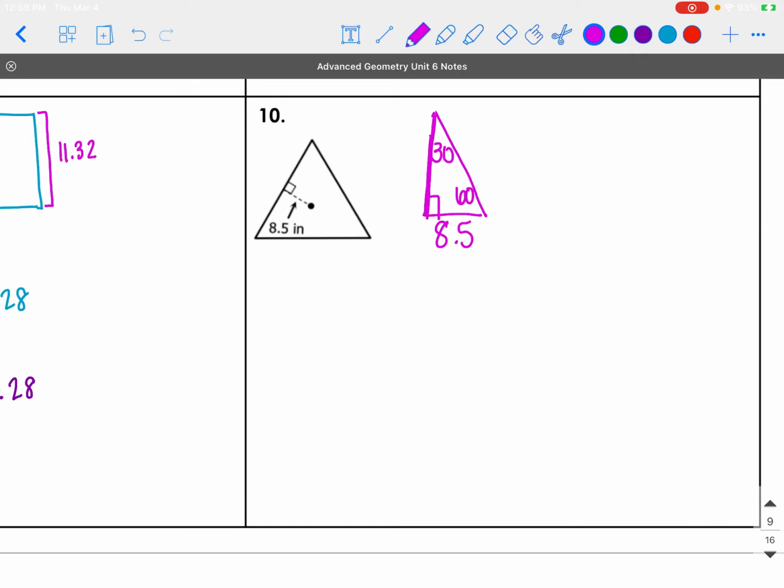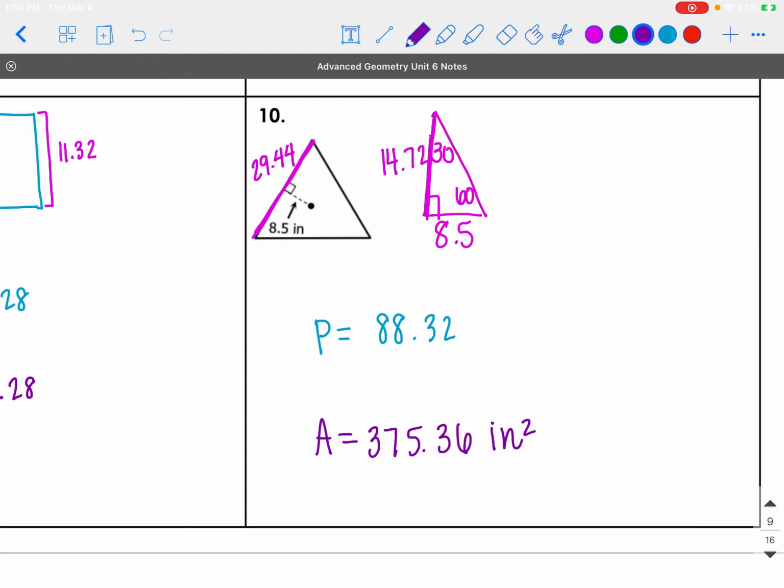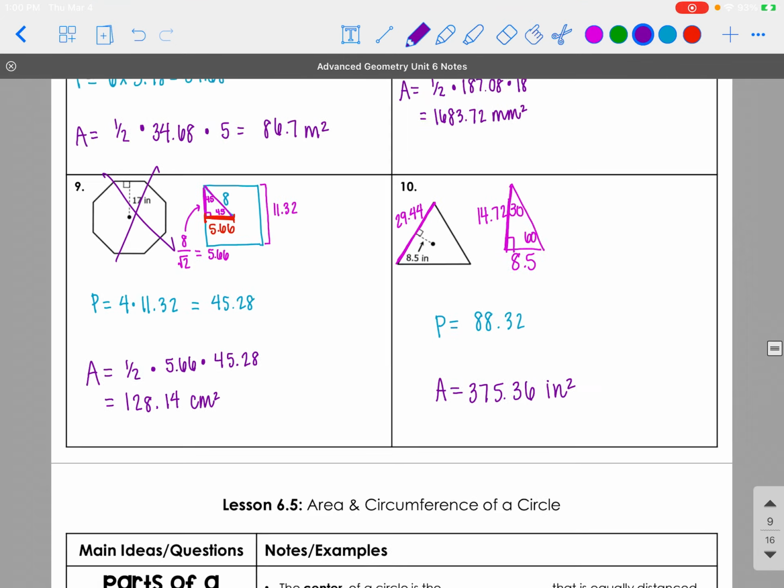You would have got the long leg is 14.72. That would have made the entire side 29.44. For the perimeter, you should have got 88.32. And for the area, 375.36 inches squared.